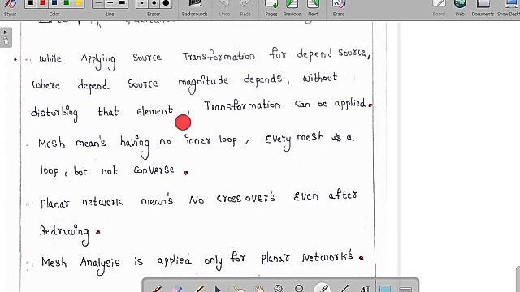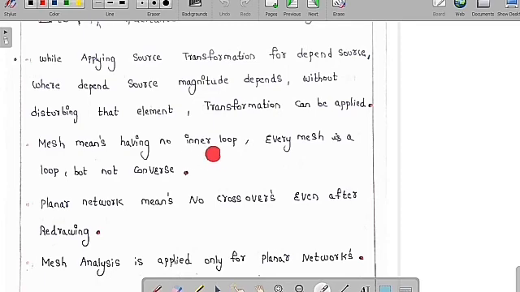If you apply source transformation to a dependent source, its parameter depends upon some variable, and by not changing that variable you can do the transformation.